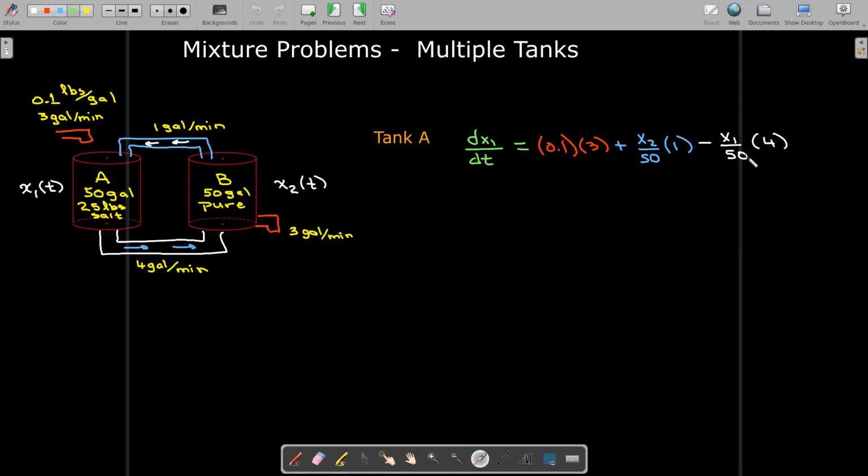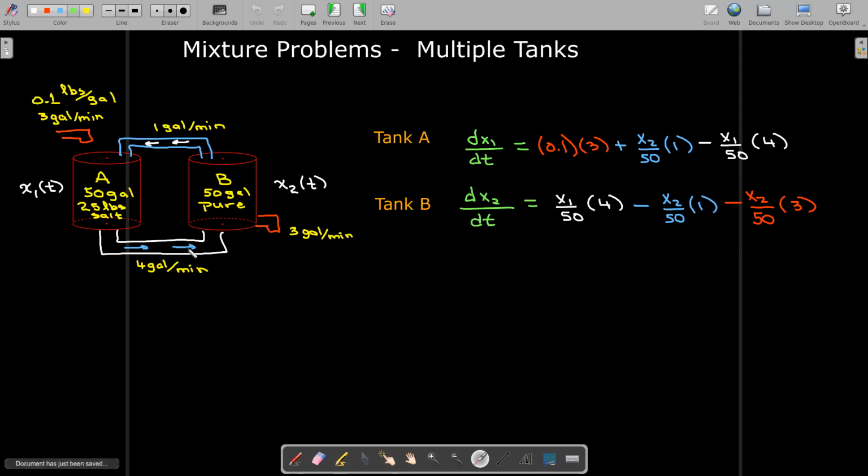What about tank B? The only way brine or salt is entering is through this bottom 4 gallons per minute being pumped in. Its concentration is whatever the concentration is in tank A, the amount of salt divided by 50 gallons, and that gets multiplied by the 4 gallons per minute.